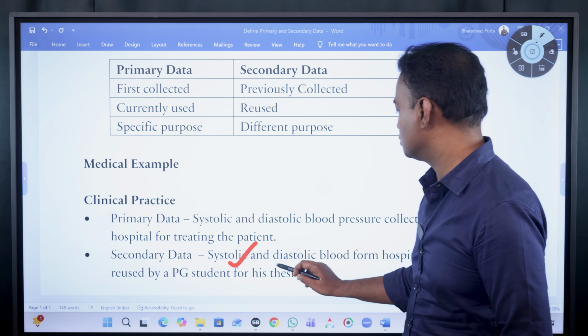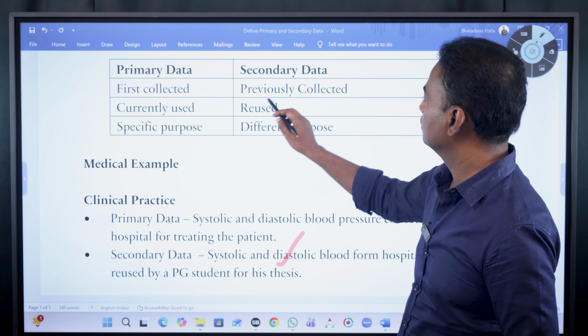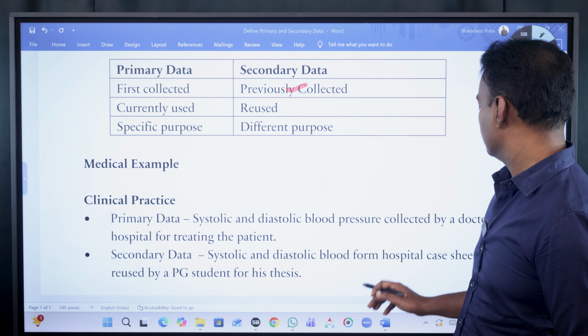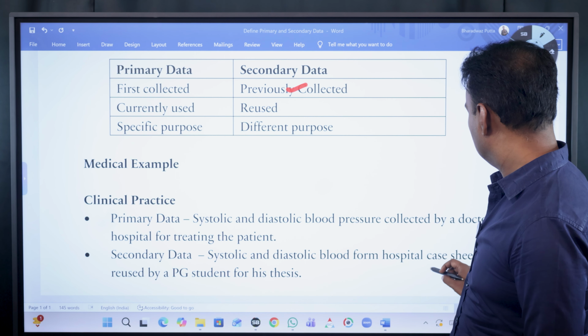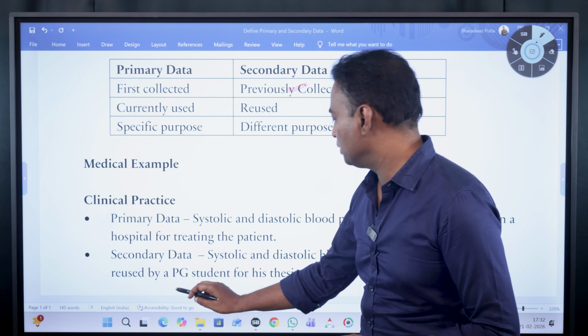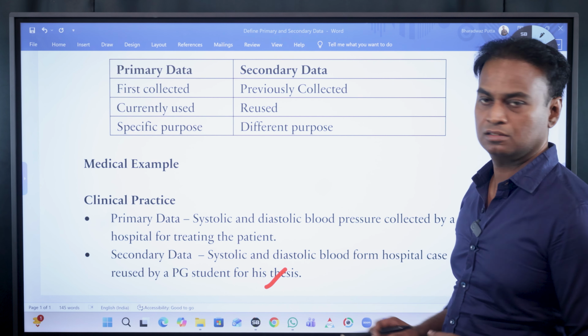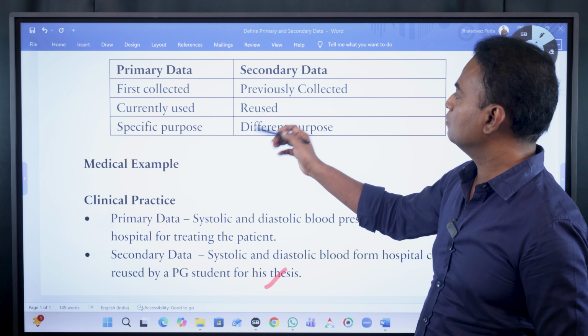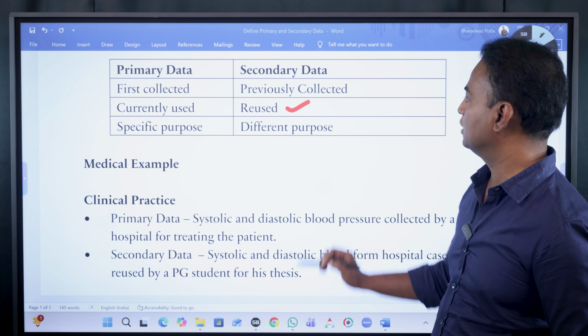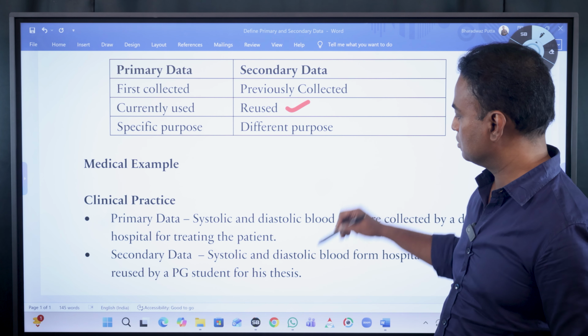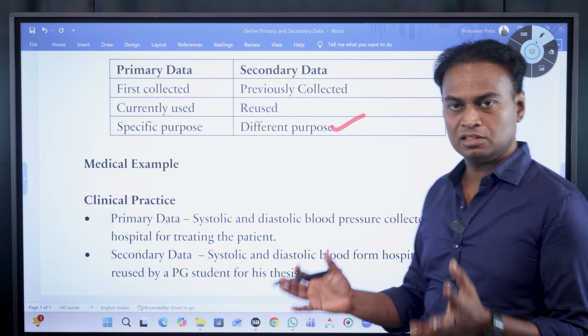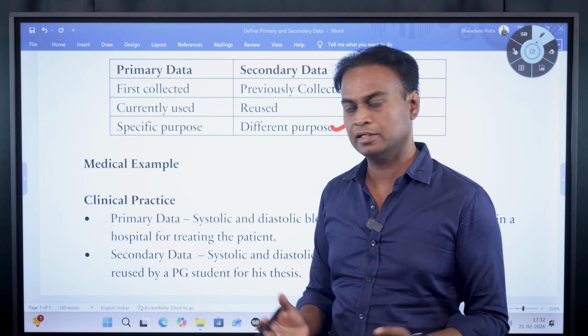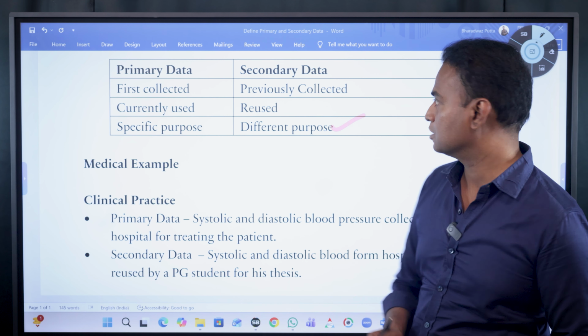He is using the previously collected systolic and diastolic data from a hospital case sheet for a different purpose, for his thesis. So he is reusing already collected data for a different purpose. The purpose here is the thesis. This is the difference between primary data and secondary data with a clinical practice example.